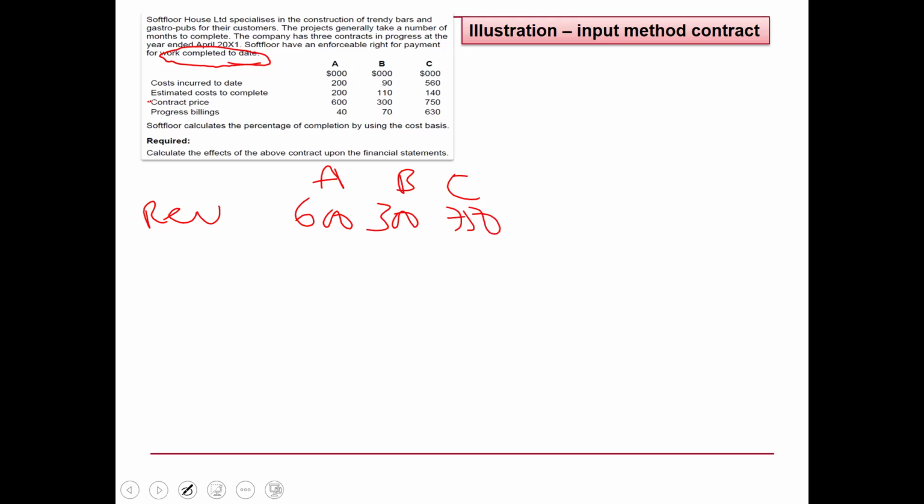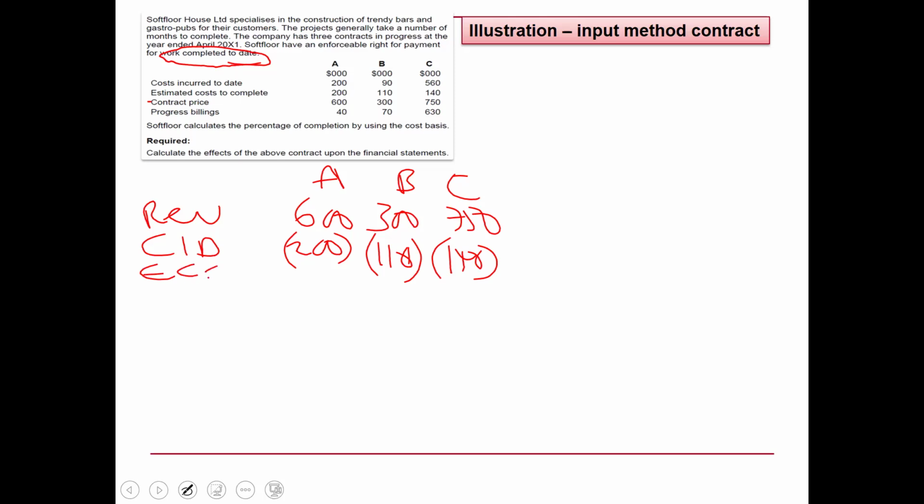Now, how much have we incurred to date? The cost incurred to date is 200 for contract A, 90 for contract B, and 560 for contract C. Now, how much are we estimating that we are still going to incur until we finish this project?